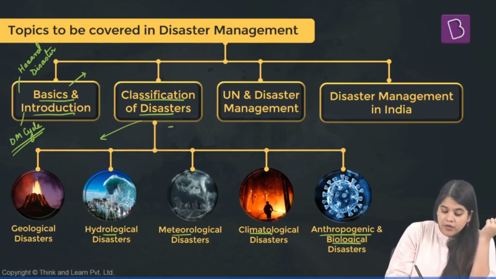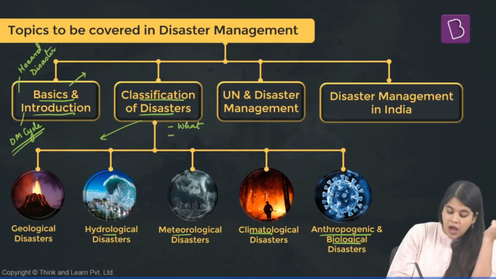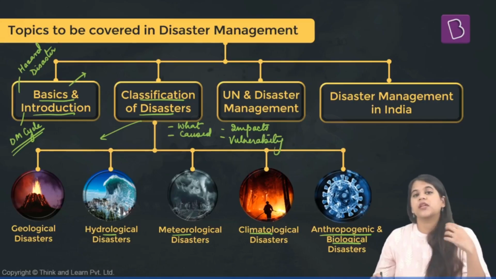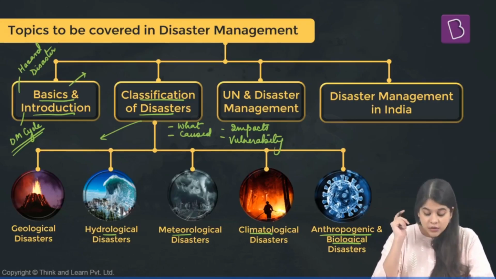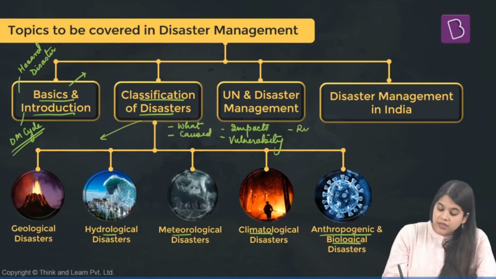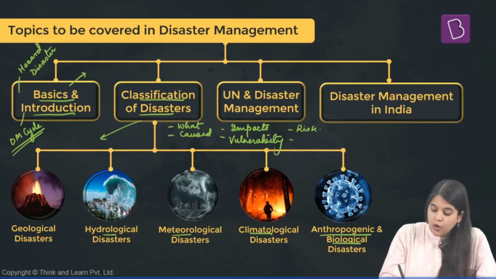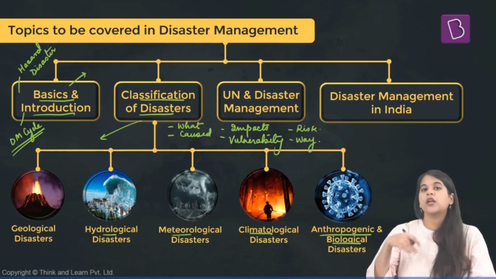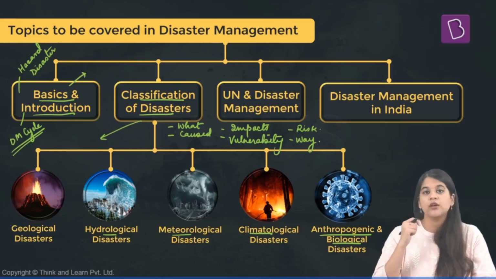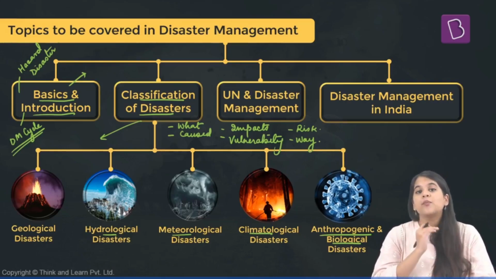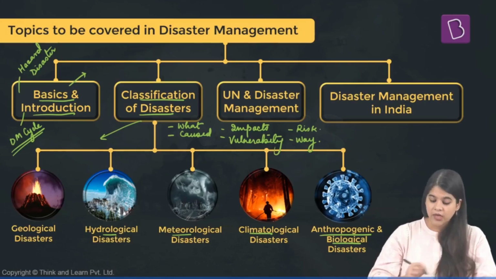We'll study about what they are, how are they caused, their impacts, the vulnerability that India faces when it comes to any of these disasters, how can the risks related to them be managed, and what is the way forward? What other steps do we need to take to reduce the impacts of these disasters?